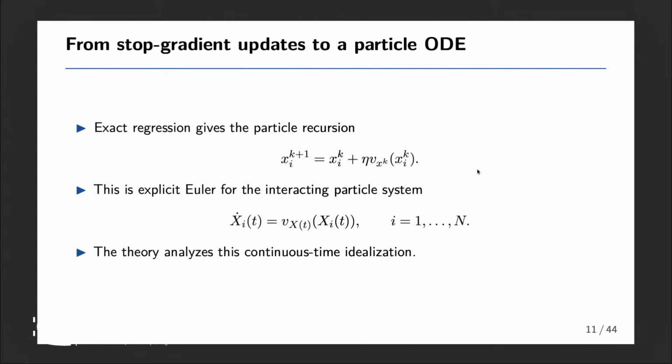So in this idealized setup, if you let the eta go to 0, you will have this interacting particle system in continuous time, essentially. So basically now the X with a capital X corresponds to the continuous time particle system here. So this is the setup we are going to be focusing on for the rest of the theoretical analysis of the talk.